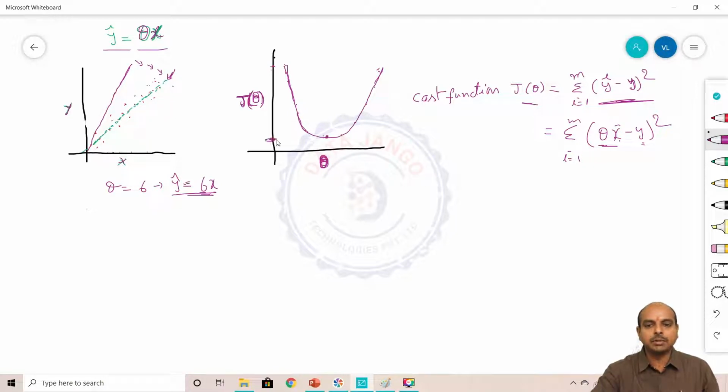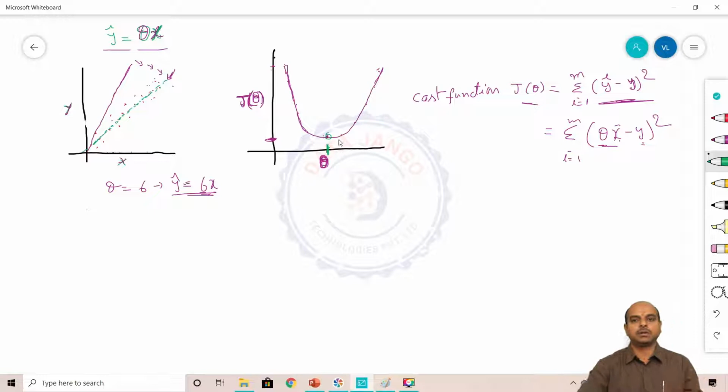There is no error lower than that. So if you find the theta which is present at this place, you reached your goal, right? So when you choose 6x, that may be somewhere here. Your 6 may be somewhere here.